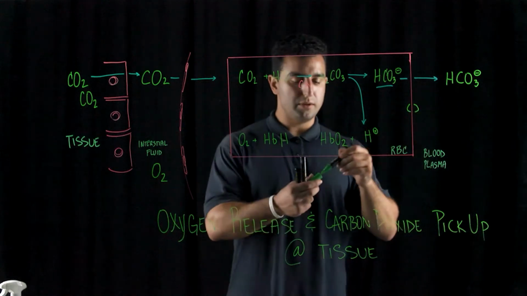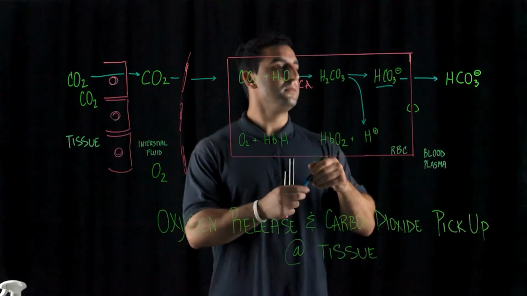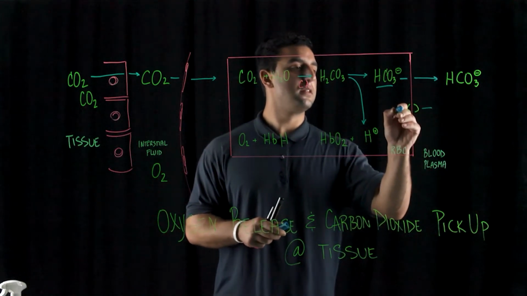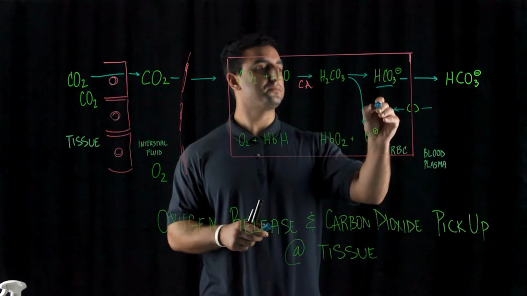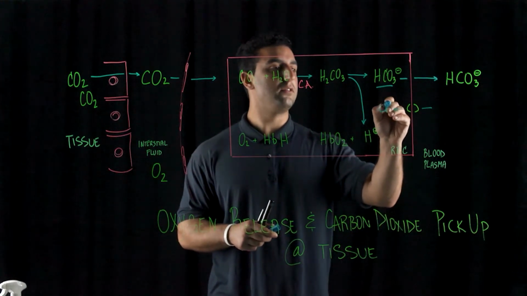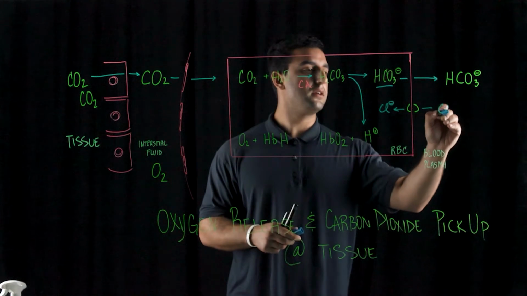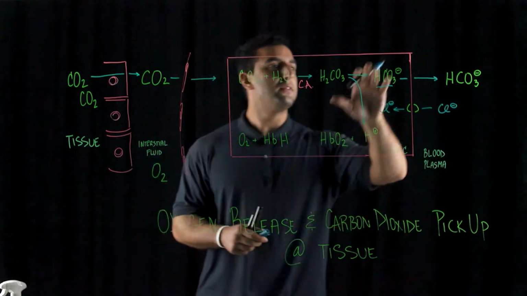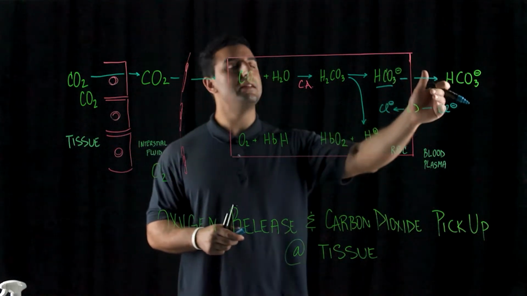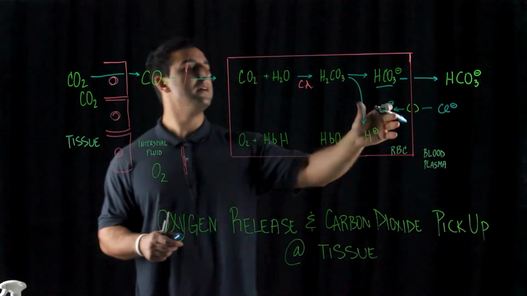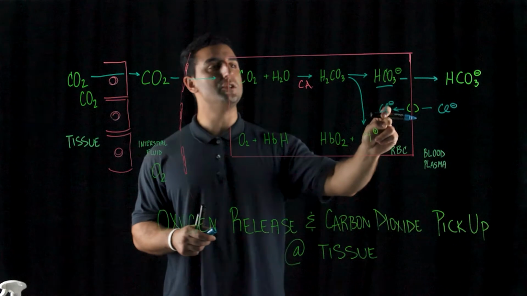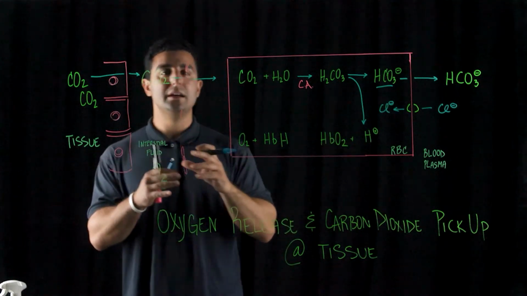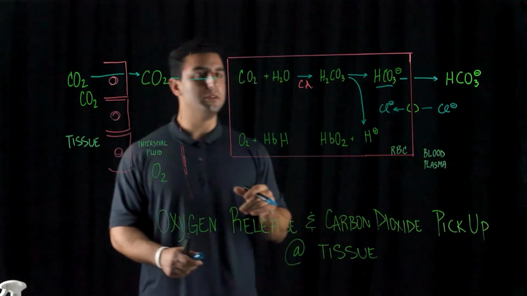So you have an influx of chloride coming in from the outside. This is called the chloride shift. Whenever the negative charge is released, that negative charge needs to be compensated, so the chloride comes into the red blood cell to maintain its electrical potential.